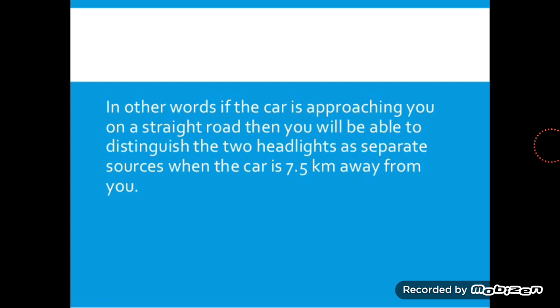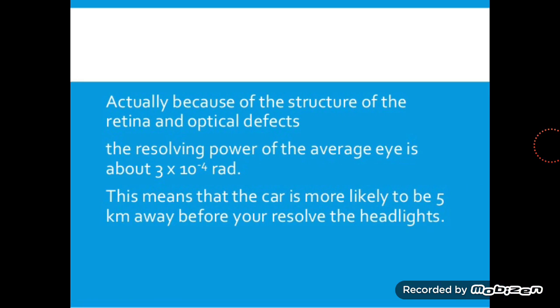In other words, if the car is approaching you on a straight road, then you will be able to distinguish the two headlights as separate sources when the car is 7.5 km away from you. Actually, because of the structure of the retina and optical defects, the resolving power of the average eye is about 3 into 10 to the power minus 4 radian.